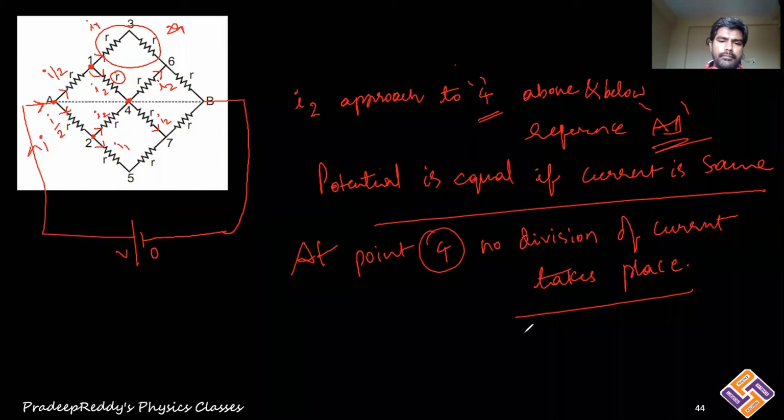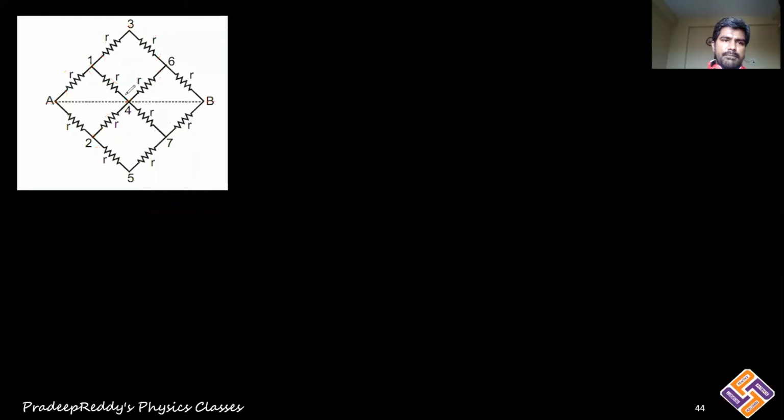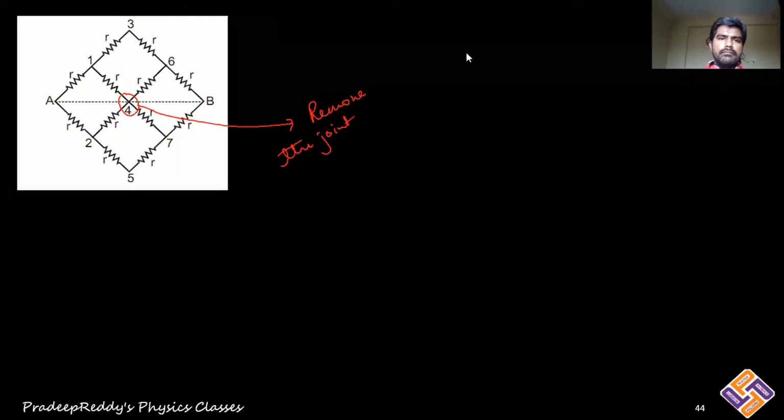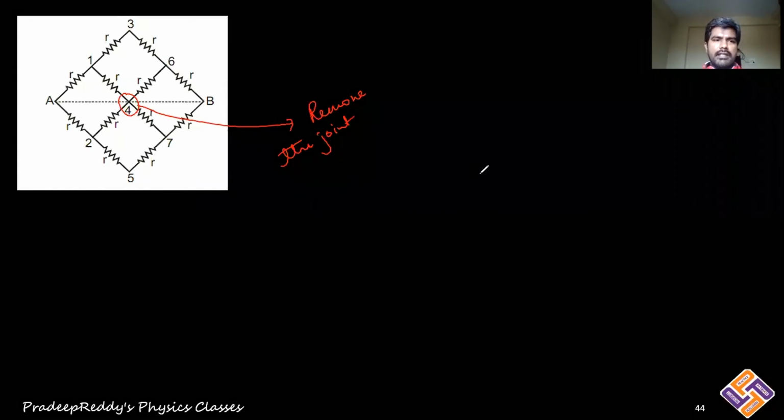Check it out. Only at this part, I'll remove this joint. Remove the joint. You can remove the joint at 4 and redraw the circuit. Now, how will I draw the circuit, check it out.